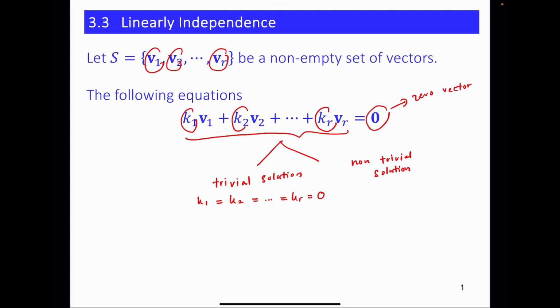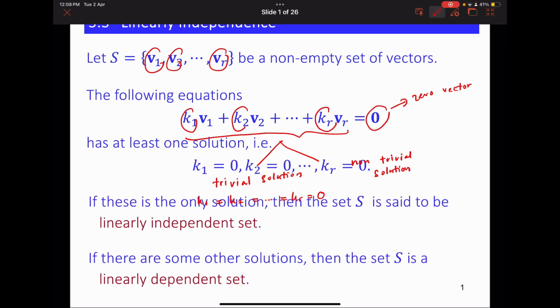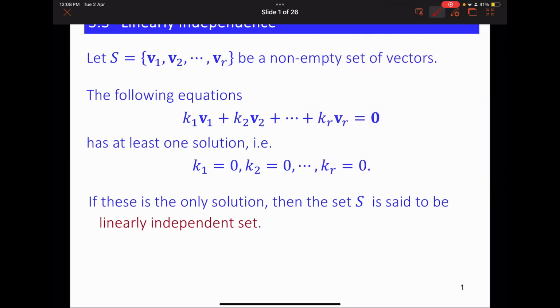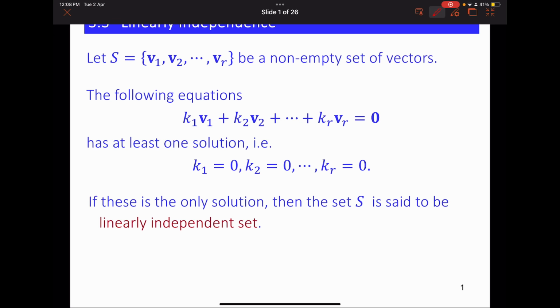So we know that this equation has at least one solution, which is the trivial solution. If this trivial solution is the only solution, meaning we don't have a non-trivial solution, then the set S is said to be linearly independent.